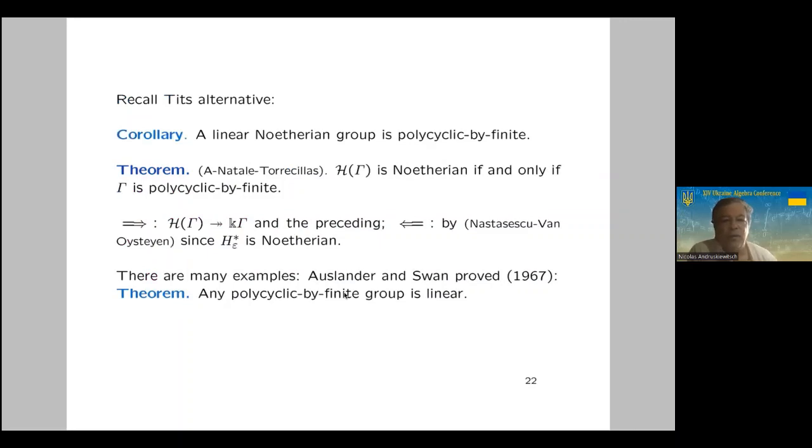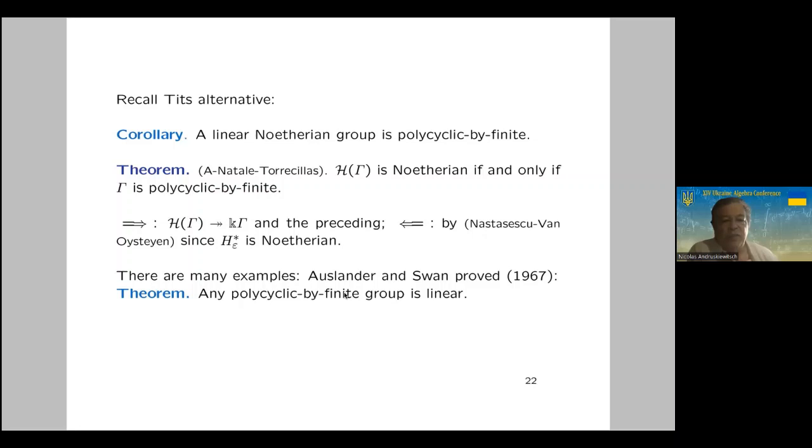However, for linear Noetherian groups, because of the Tits alternative, they are polycyclic by finite. Using this, we proved the theorem about the Noetherianity of our Hopf algebras H gamma. That is, H gamma is Noetherian if and only if gamma is polycyclic by finite.